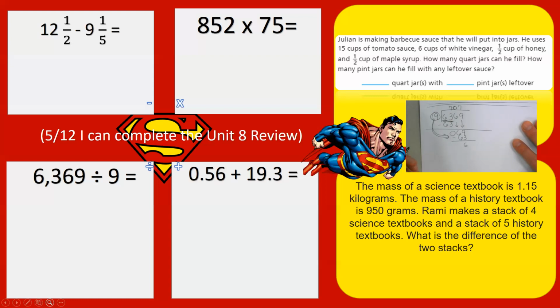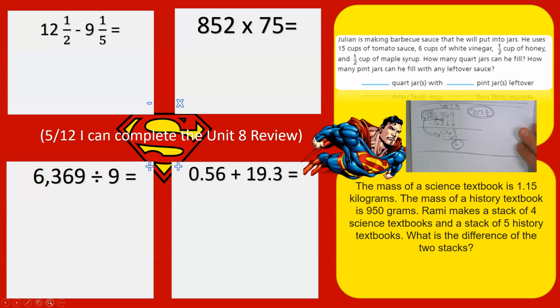So 707, and then 6 is your remainder. You needed 9 for a whole, so you have 6/9 of a group, which 707 and 6/9 is the same thing as 707 and 2/3.